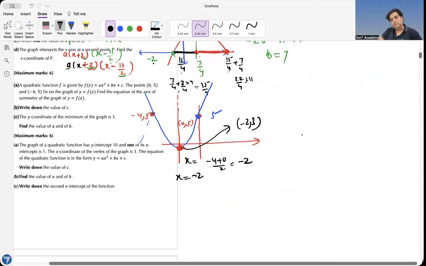If you know any parabola's vertex, how will you write the equation of the quadratic?